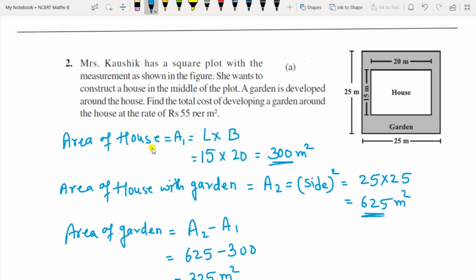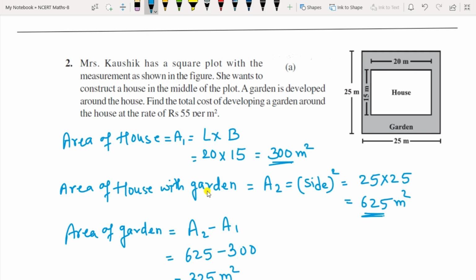Now area of house, that is A1. So this is the house here. So let it be A1, its length into breadth. House length is 20 into 15, that gives you 300 meters square.